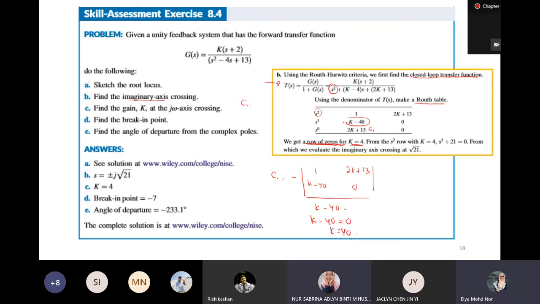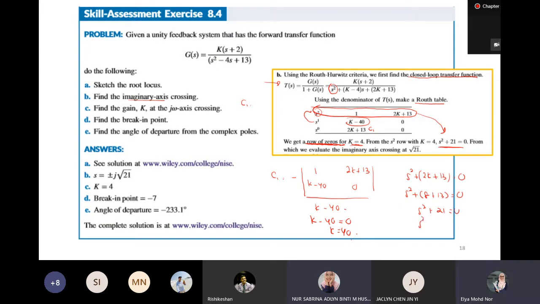From this one, they look at the s to the power of 2 row here, and they come up with this: s squared plus 2k plus 13 equals 0. So your k is 4, s squared plus 8 plus 13 equals 0. s squared plus 21 equals 0.